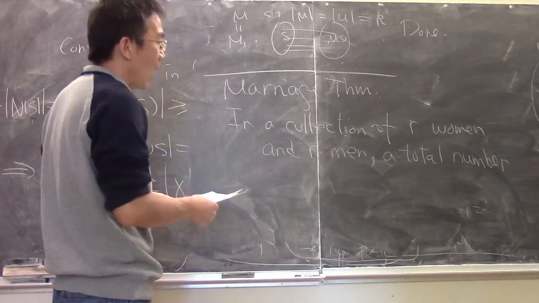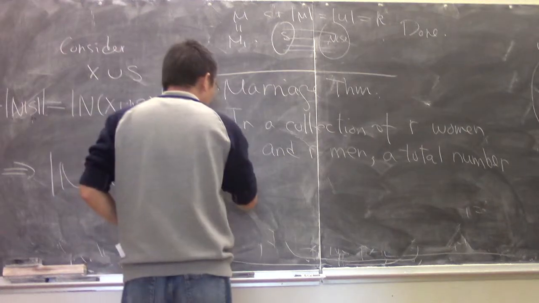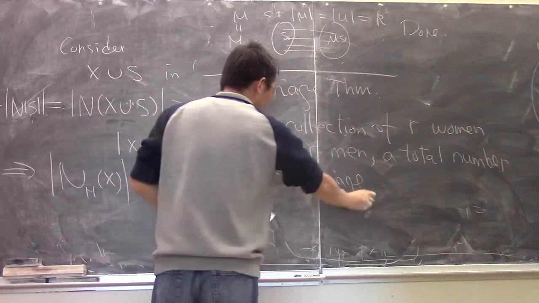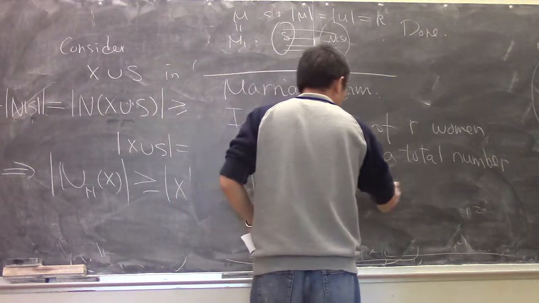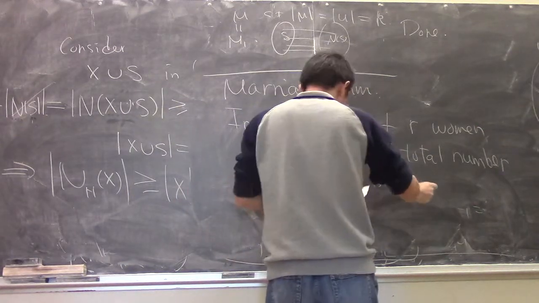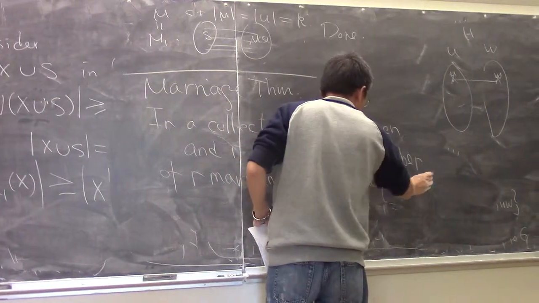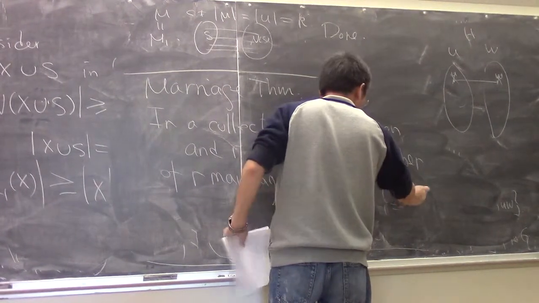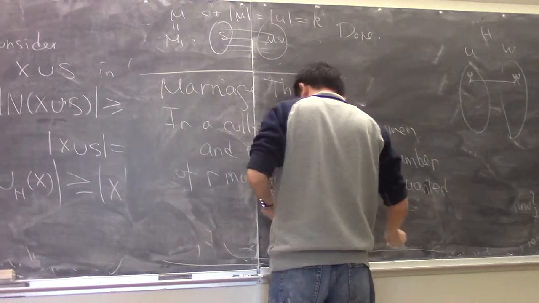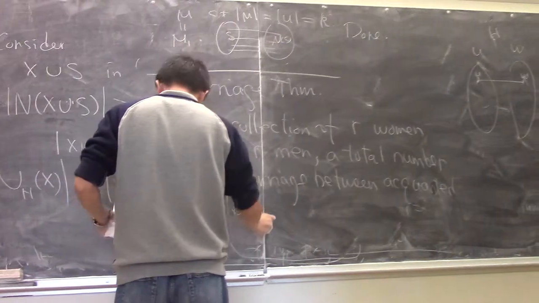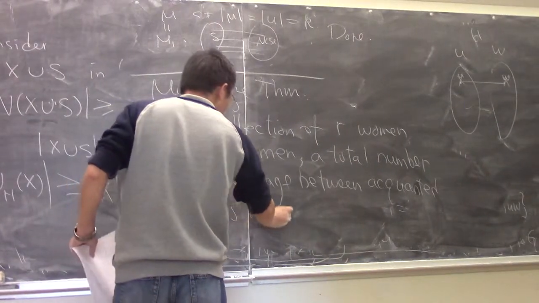So I want a total number of r marriages between couples to be possible.